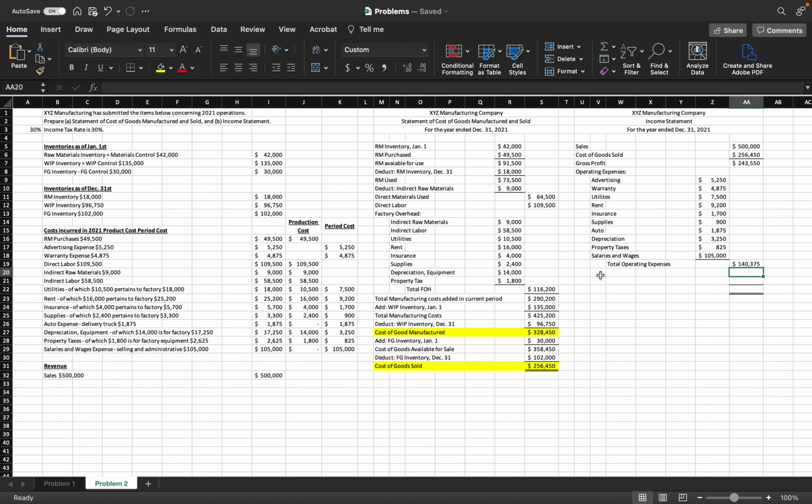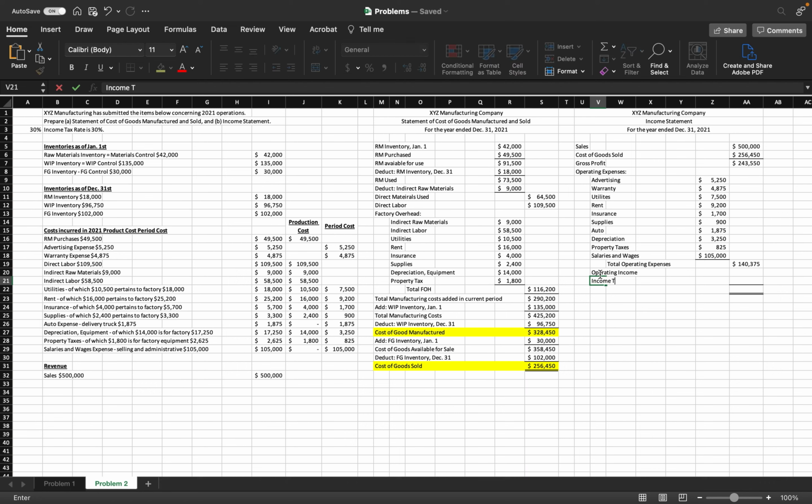Okay. Now, this tells us our operating income. You may hear this referred to as income from operations, or EBIT, income before interest and tax. We're not told about any kind of interest on here, so we won't worry about that.